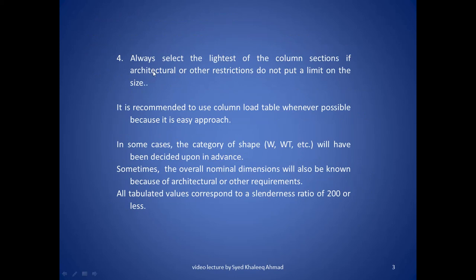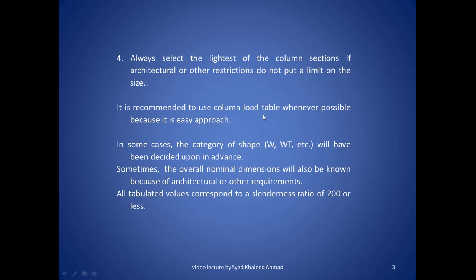Our approach will be such that we select the lightest section if there are no restrictions. Sometimes there are restrictions due to architectural requirements, so we have to take care of all those requirements. It is recommended to use the column load table whenever possible because it is a very easy approach.